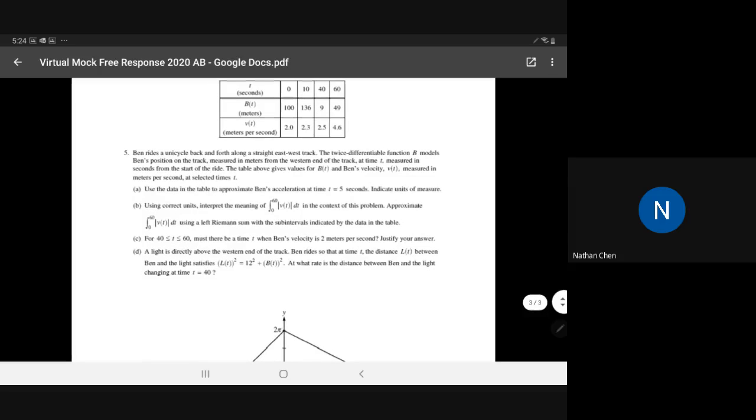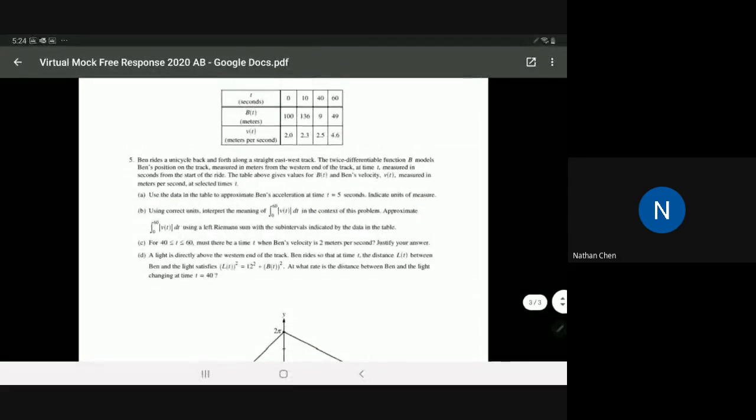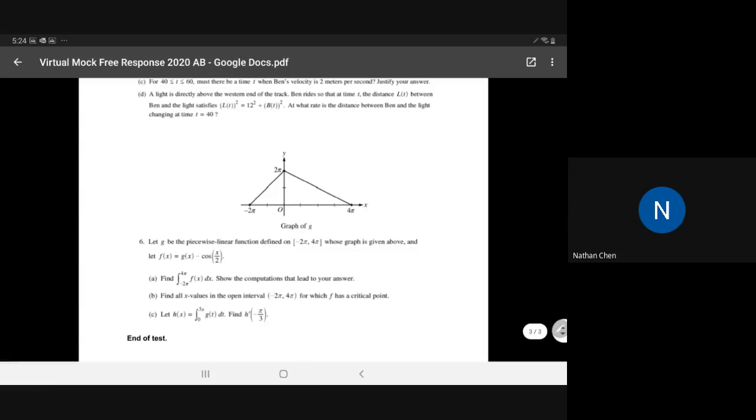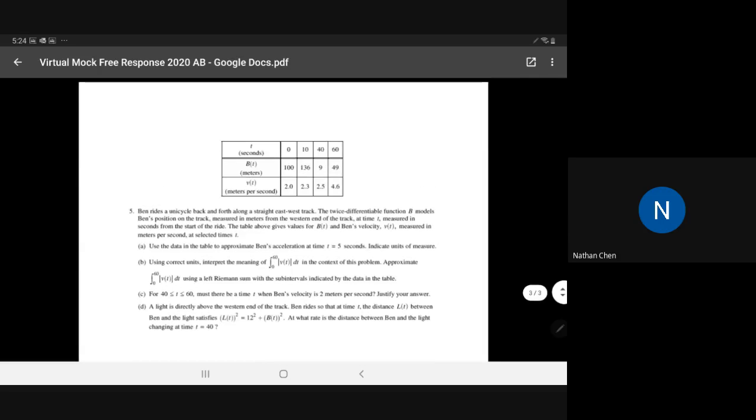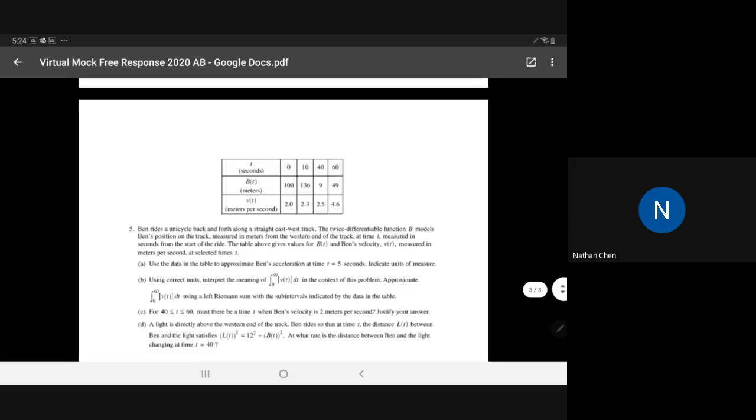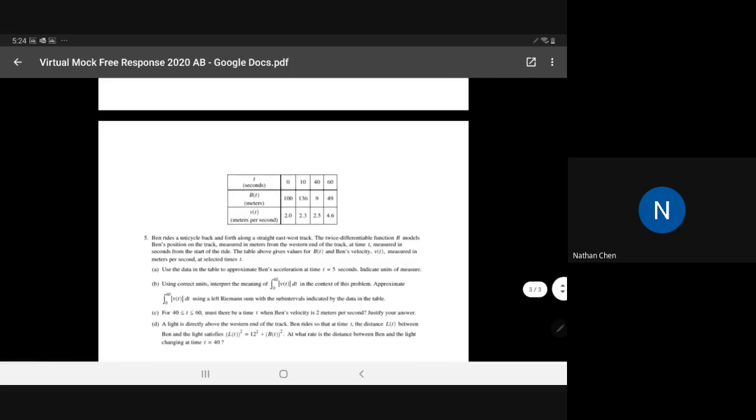Let me take a picture. I also saw one that was a graph given question, one like this. So it was also like that. I found it very interesting that it showed up on these questions where I wouldn't expect it to.